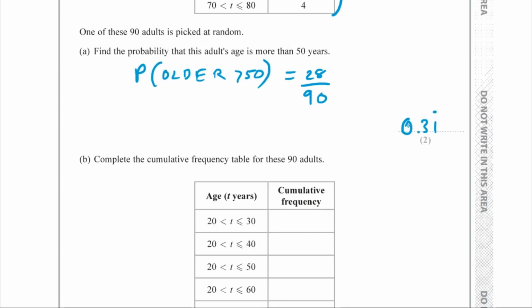Now you're not requested to round this to any specific decimal value. So I would suggest you just keep it at 0.31 with the one recurring, or you could even keep it as a fraction. You could simplify 28 over 90 to 14 over 45, most likely.